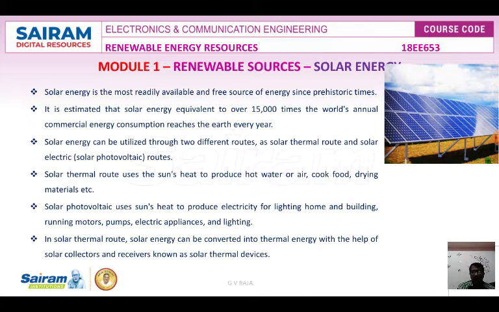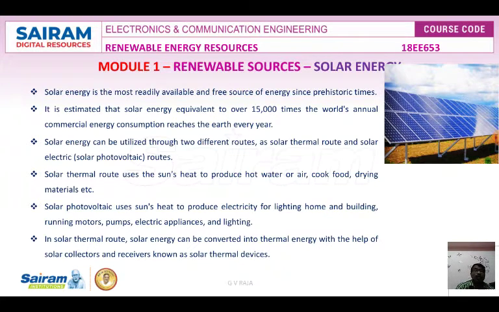Solar photovoltaic uses the sun's energy to produce electricity for lighting homes and buildings, and running motors, pumps, and electric appliances. In the solar thermal route, the solar energy is converted into thermal energy. Thermal, in the sense, is heat energy.